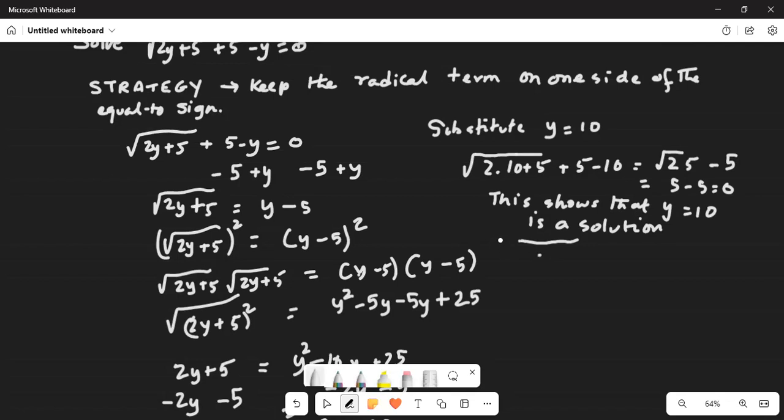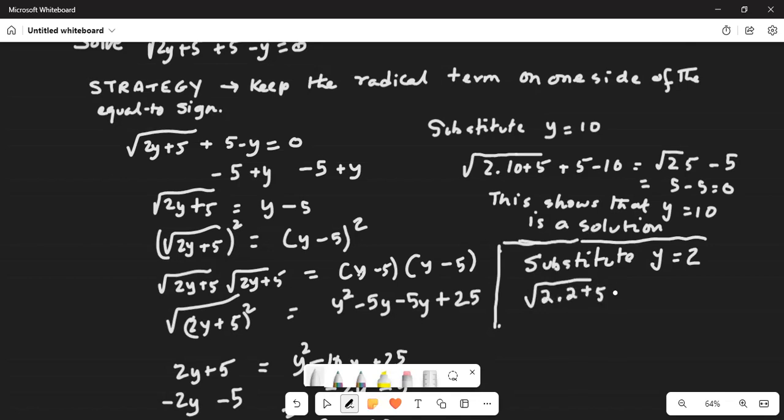How about y equal to 2? Let's substitute y equal to 2 in the original equation on the left-hand side. So we have square root of 2 times 2 plus 5, plus 5 minus y, which is 2. And is it really equal to 0? Let's check it out. 2 times 2 is 4, 4 plus 5 is 9, square root of 9 plus 5 minus 2.